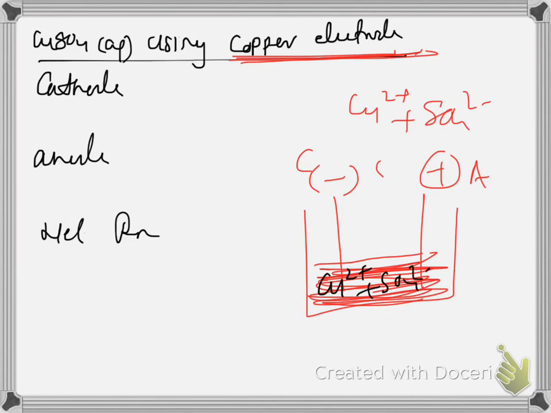Here what actually happens is that Cu2+ ions from the solution get discharged, or deposited, at the cathode. Cu2+ from the electrolyte is reduced and deposited at the cathode. As the process continues, the concentration of Cu2+ will diminish in the solution.